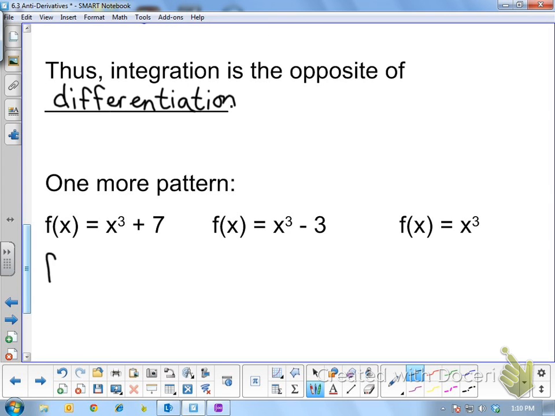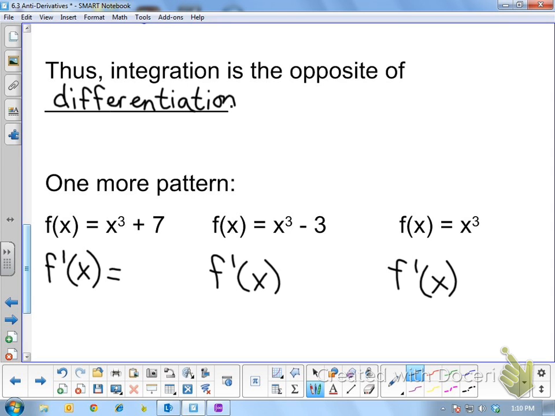I want you to find the derivatives of these three functions. Go. Find the derivatives of these three functions.